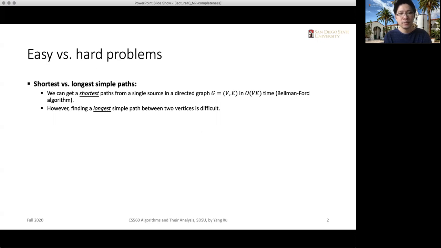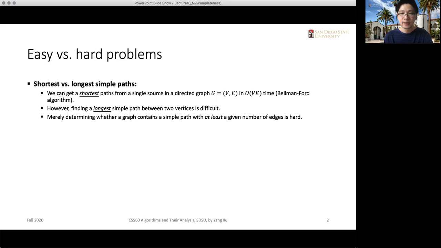But compared with the longest simple path problem, the shortest simple path problem is not a difficult one, because if you want to find the longest path, there are way more alternative paths you need to try, right?